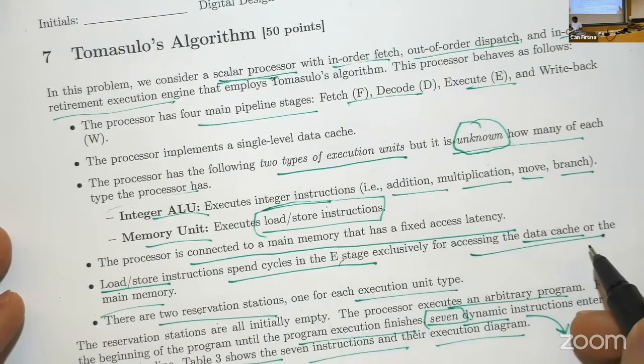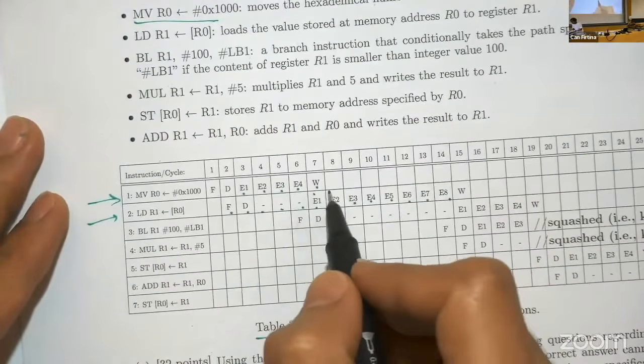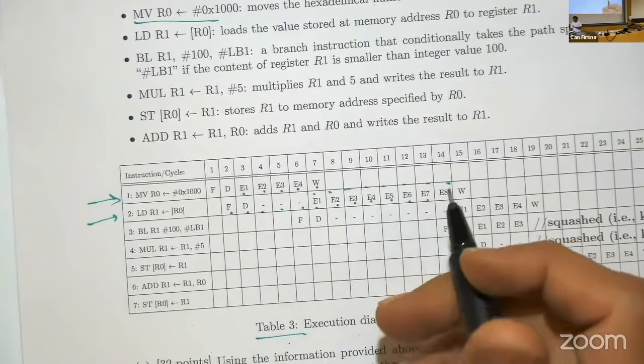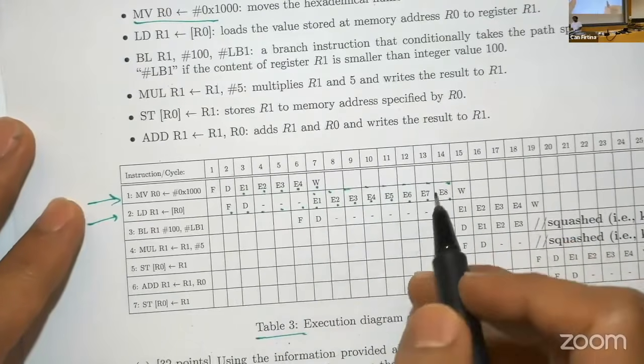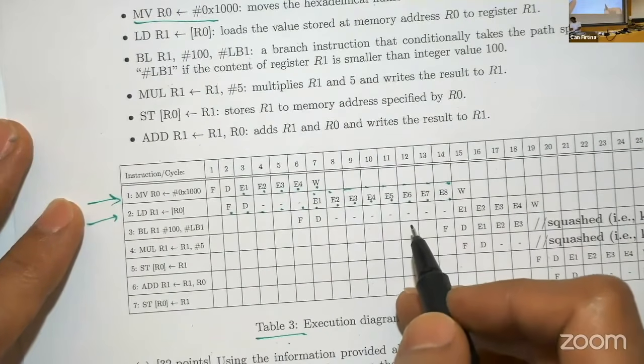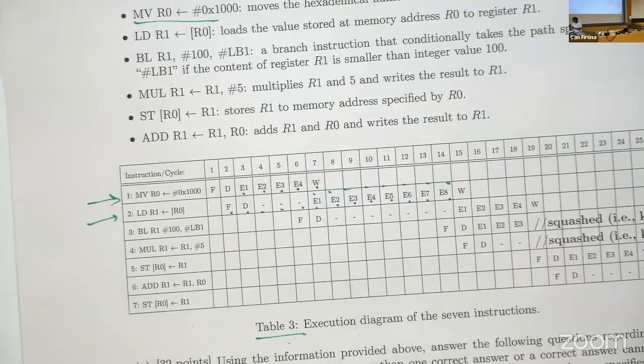We should connect this point to this instruction and see that there are 8 cycles, not instructions, being spent in this stage waiting for the cache. That means this is the memory access, and we don't know if it was a hit or a miss. But I'm trying to get you to flow with the question, see what data is given to you, because at the end of the day, remember that it is meant to be solved. Do not be thrown off by it.